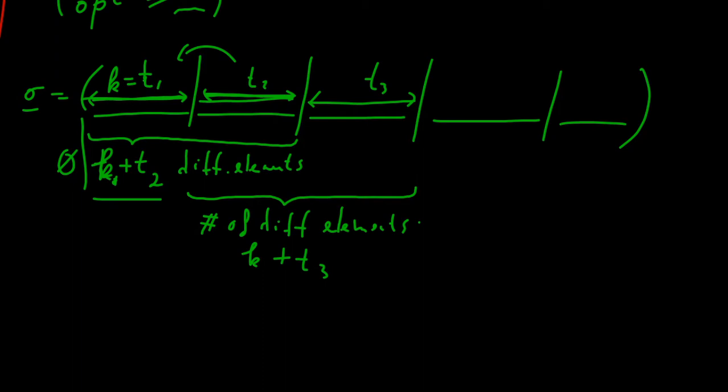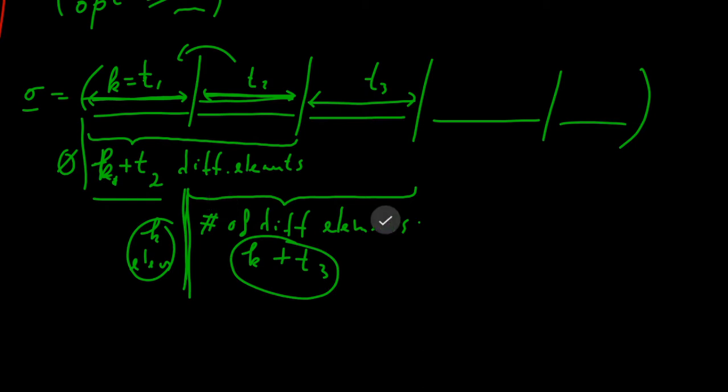Now, no matter what my cache content was, my cache at this point only contains k elements. Which means that I have k elements and I got a request for k plus t3 elements, which means that there are at least t3 cache misses during this period.